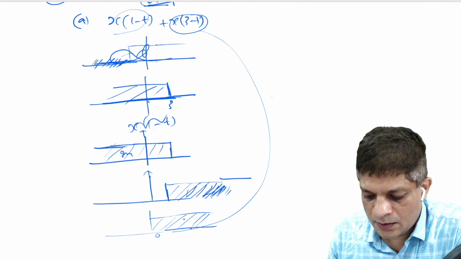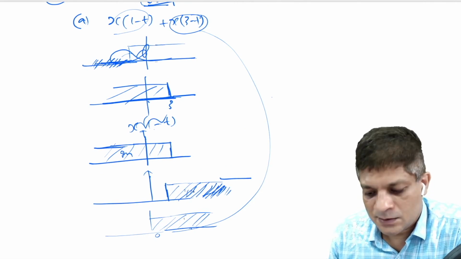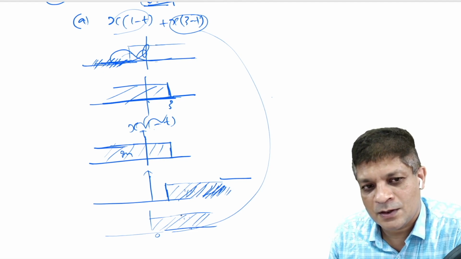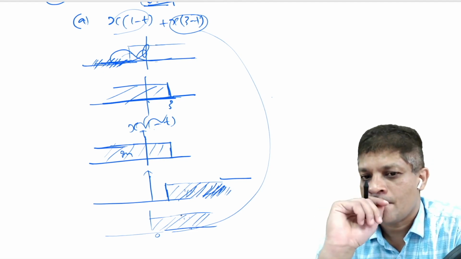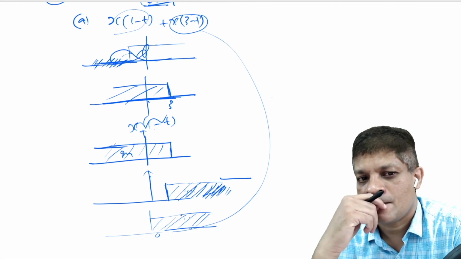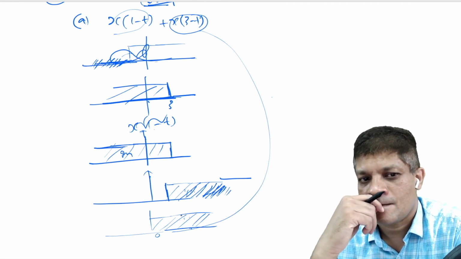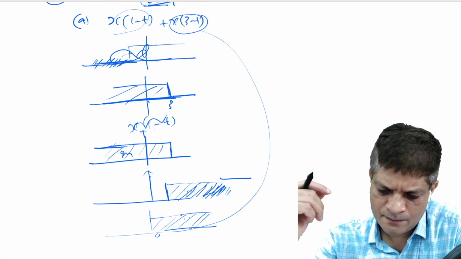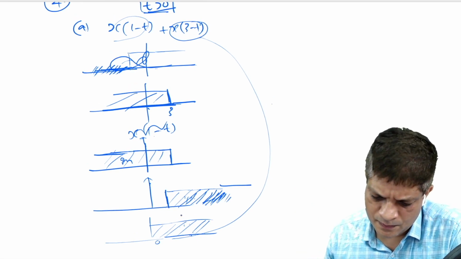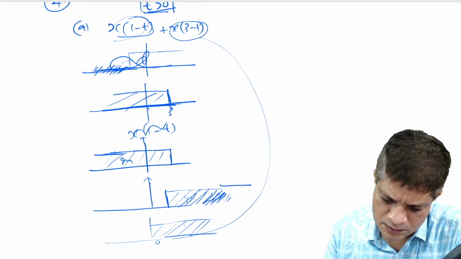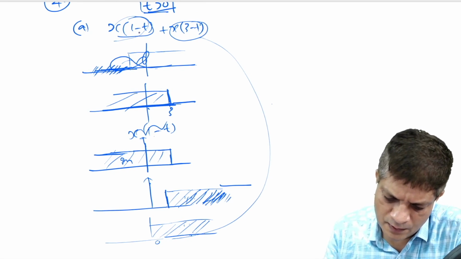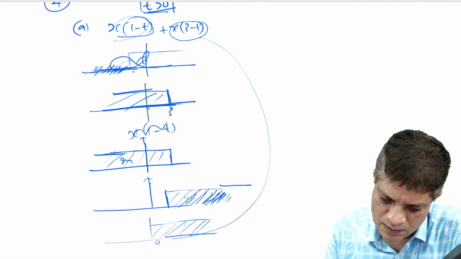So is it guaranteed that the sum of these two will be 0 for t greater than 0? That should be. For the first part, for t greater than minus 2, it is guaranteed to be 0 because 1 minus t has to be less than 3. Okay, let me check that. This is 3.